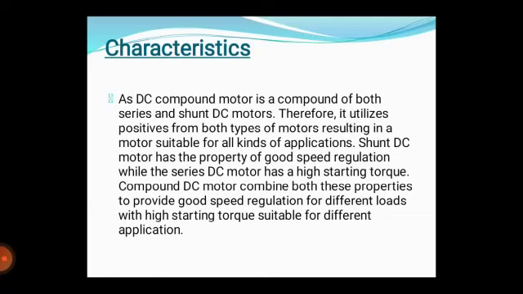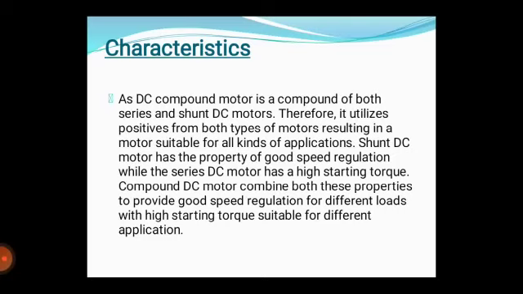The characteristics: as a DC compound motor is composed of both series and shunt DC motor, it utilizes the properties of both types of motors, making the motor suitable for all kinds of applications.